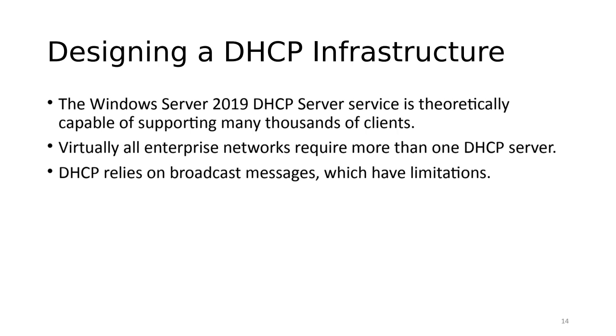But in practice, and in virtual environments also, you need to have more than one server for many reasons: efficiency of your network, redundancy, traffic control. DHCP relies on broadcast messages which have limitations. What is the problem with the broadcast when you send to everybody? Too much traffic. Yeah, very good. So you want to minimize this broadcast.